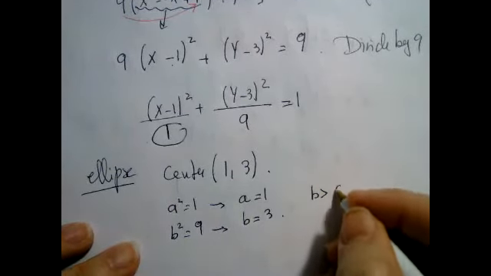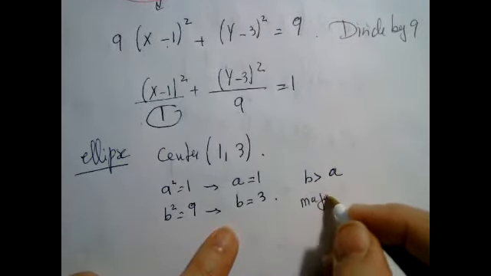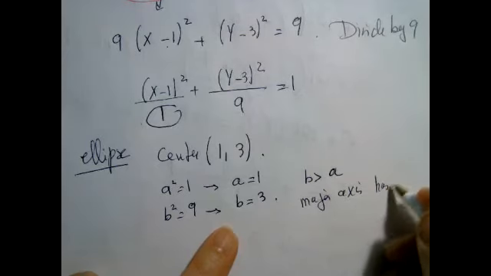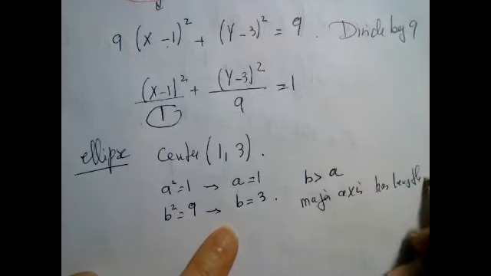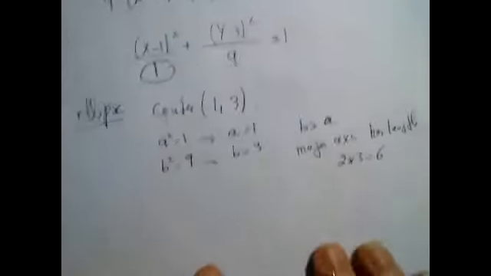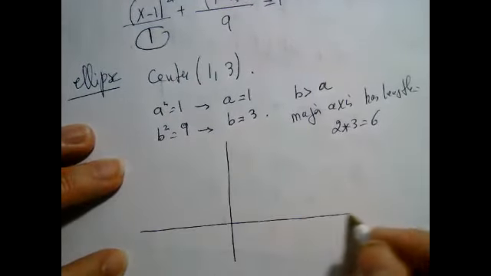Now b is bigger than a. It means the major axis has length twice 3, which is the 6. Okay, so I will graph it and then explain one more time the major axis.